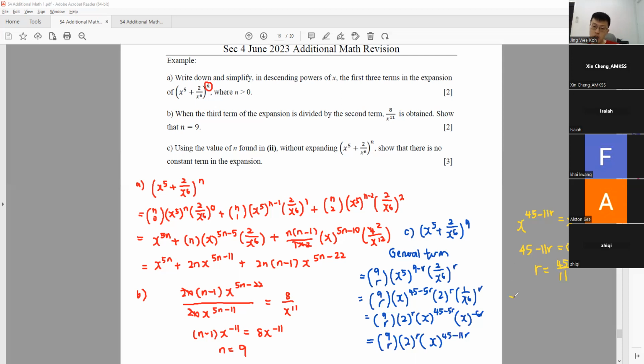So since r is not a whole number, because r represents the term, okay? r is related to the term. You cannot have 45 over 11 term. r is not a whole number. The constant term does not exist.